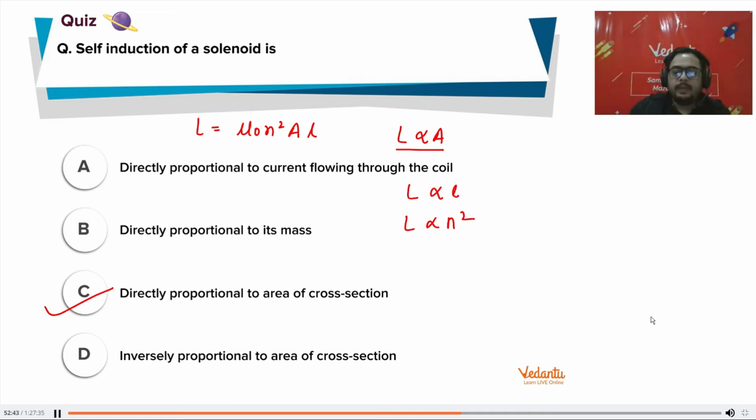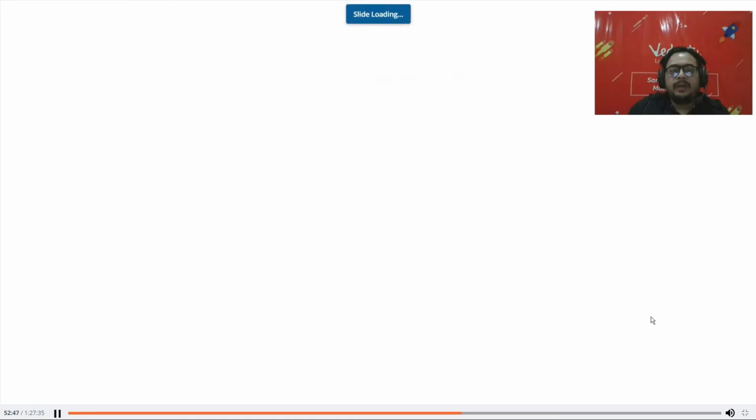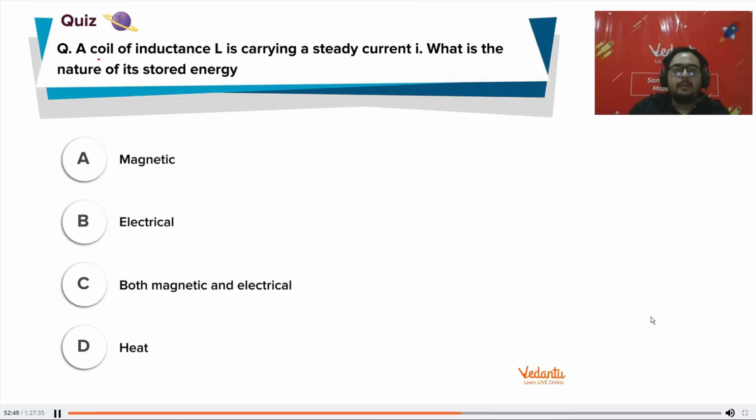ओके चलो नेक्स्ट क्वेश्चन. So a coil of inductance L is carrying a steady current I. What is the nature of its stored energy? What kind of energy is stored in the inductor? Please read the options.